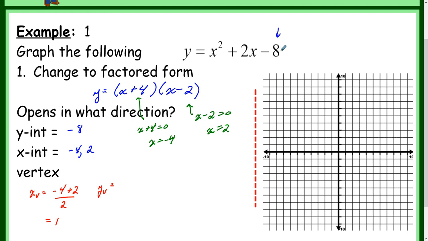Like I said, sometimes it's better to sub it back into the original equation. That way, if you've made a mistake in factoring, your mistake won't be multiplied. But for what we're doing, I am okay if you plug it back into factored form. Sometimes it's easier.